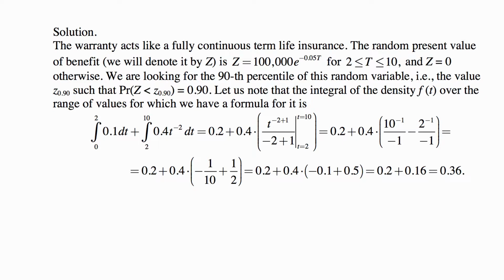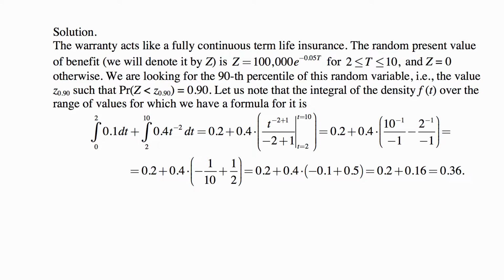Let's note the integral of the density f of t over the range of values for which we have a formula: the integral from 0 to 2 of 0.1 dt plus the integral from 2 to 10 of 0.4 t to the -2 dt.